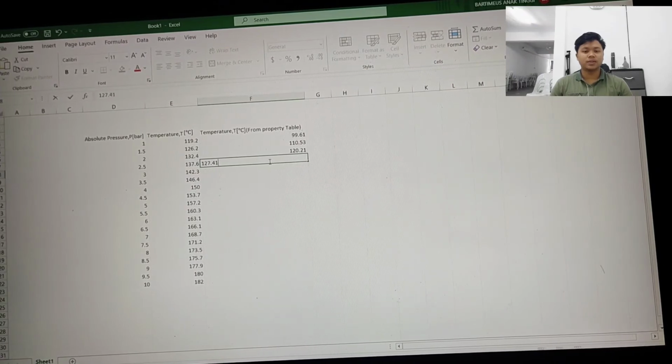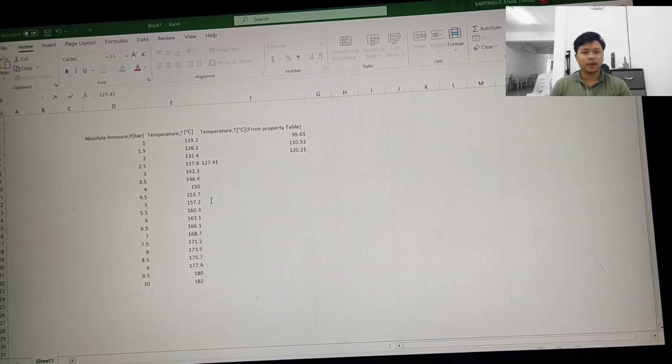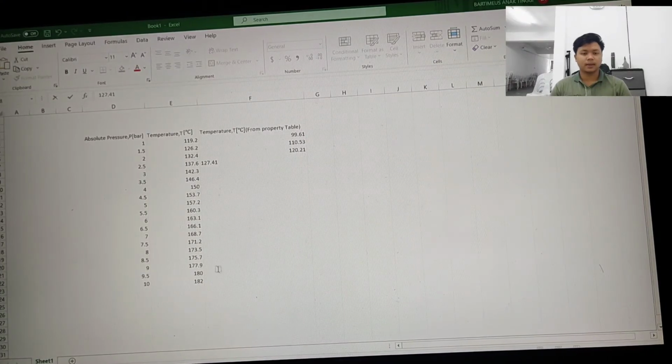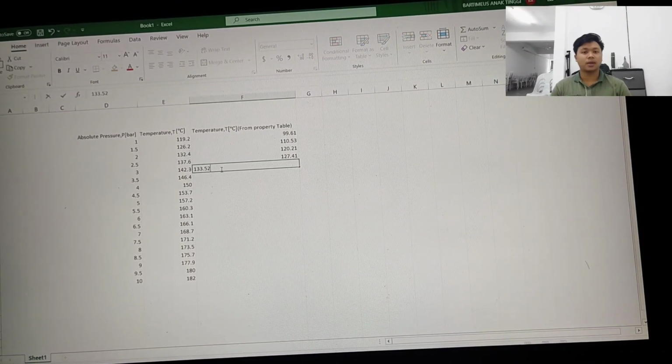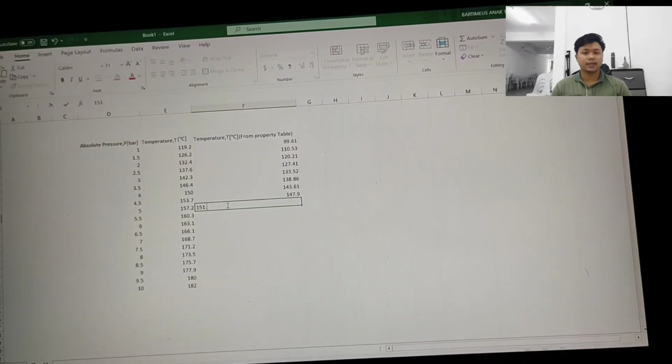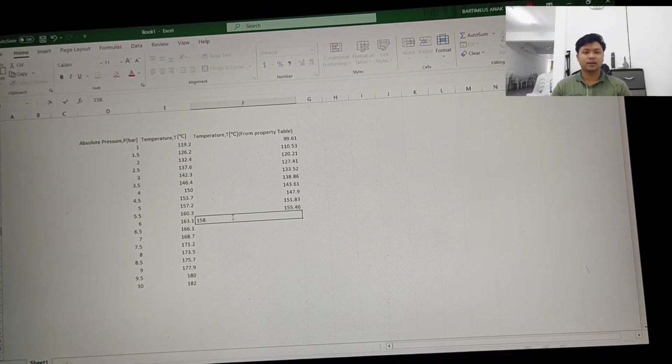For the last table, which is the temperature from the property table, I picked it from Table A5. All the values needed in this experiment are in Table A5, so I do not need to do interpolation because all the values are already in the property table.